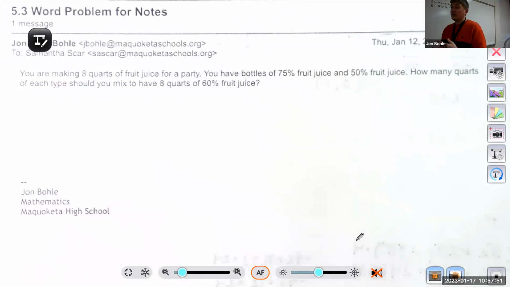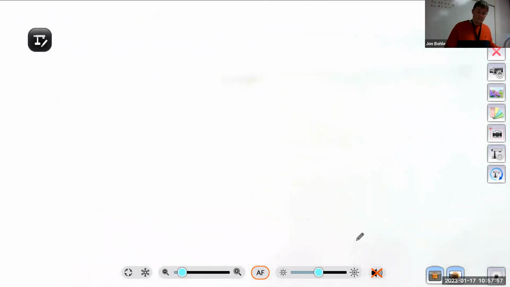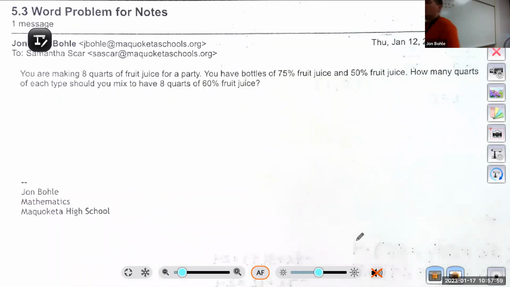And plus, this is a fantastic problem. I can see you doing something like this in science, or if you only need a certain percentage of bleach. Sometimes you have to mix bleach with water for certain reasons and dilute it to a certain amount. So this is overall a pretty good problem, I think.